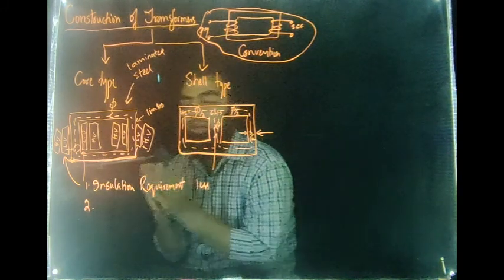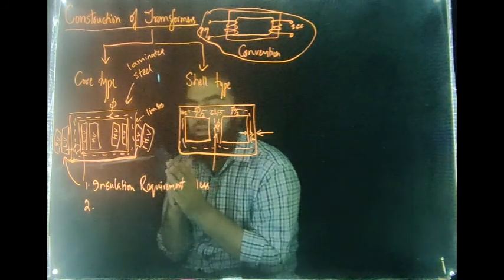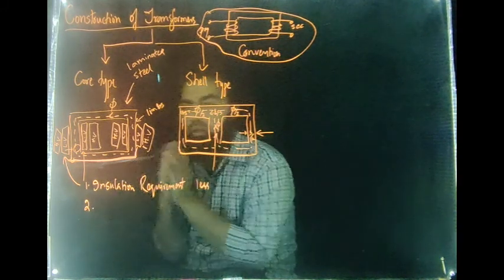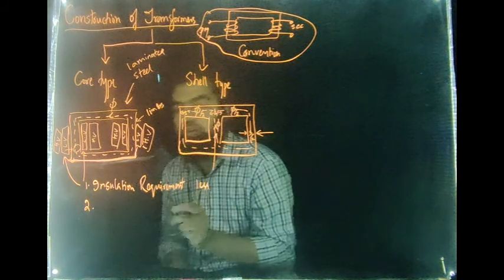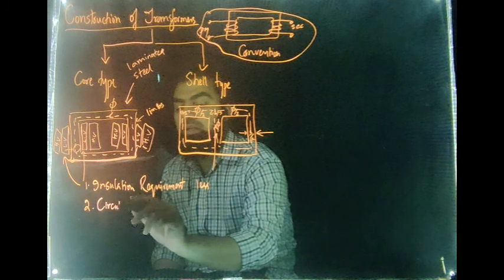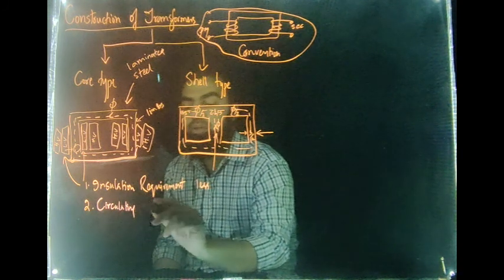Fine. So you would have required more insulation there. So if we place the low voltage windings towards the limb, the insulation requirement will be less. Also, the potential difference being less, the circulating currents and the losses in the system will be less.